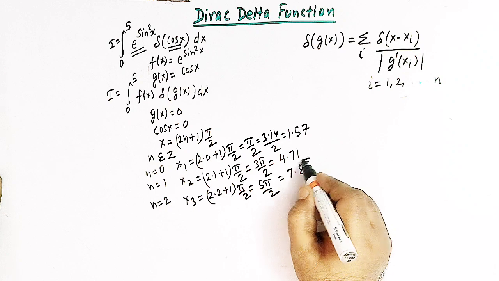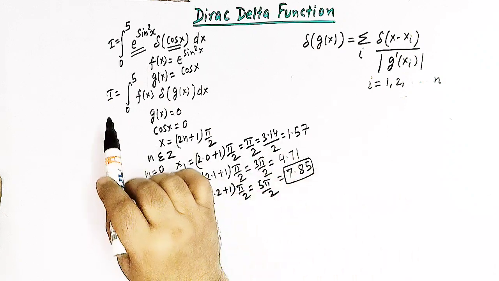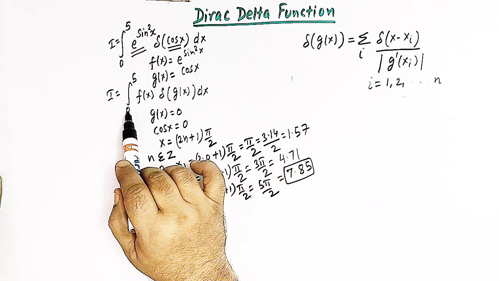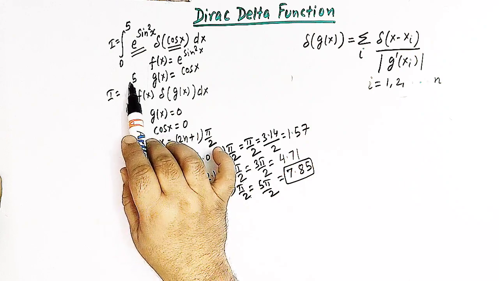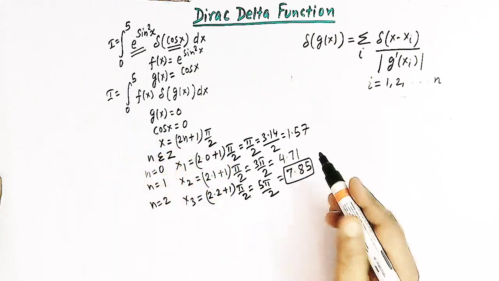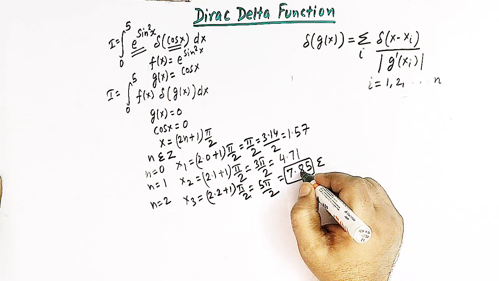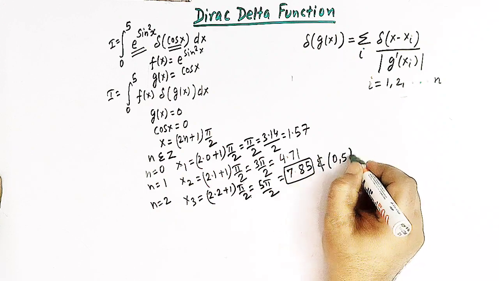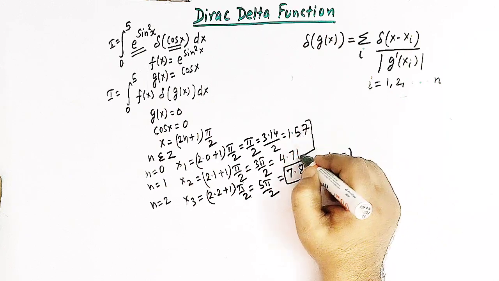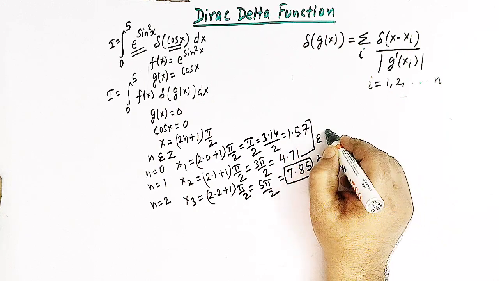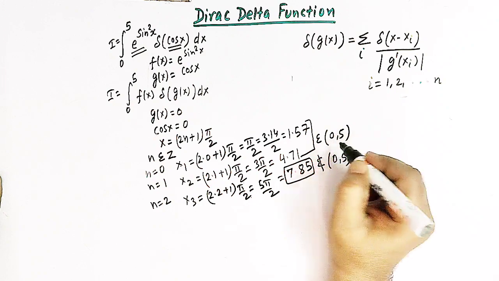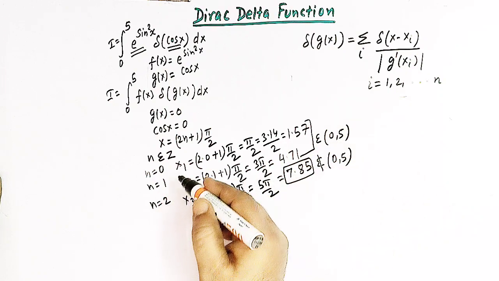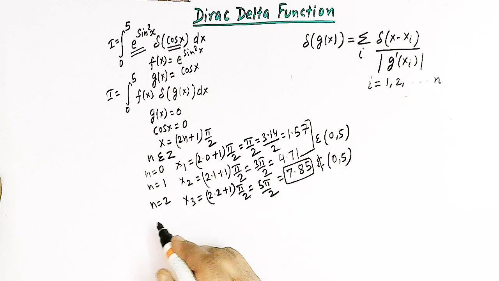This value 7.85 does not fall within the bounds 0 and 5, so it does not belong to the interval 0 to 5, while the previous two values do belong to the interval 0 to 5.